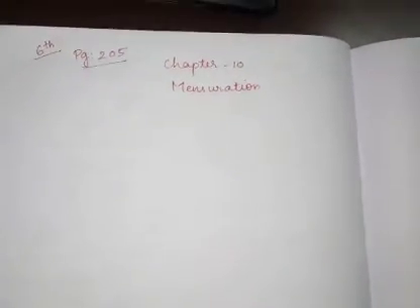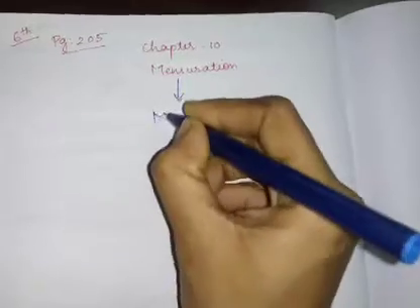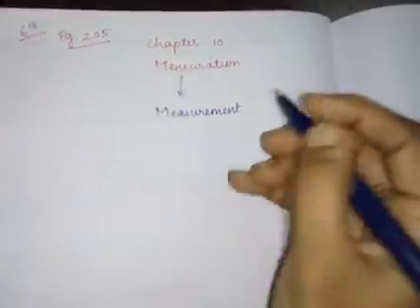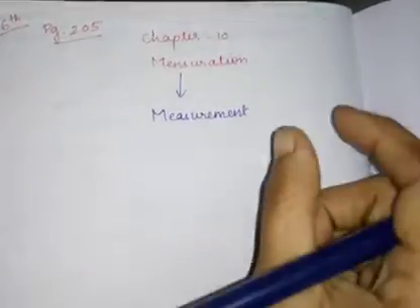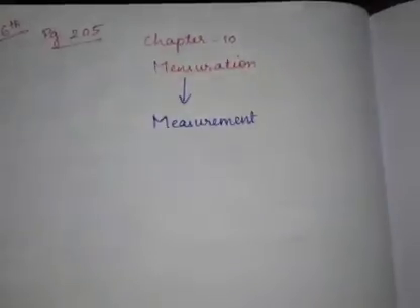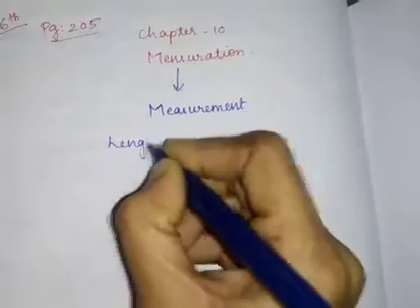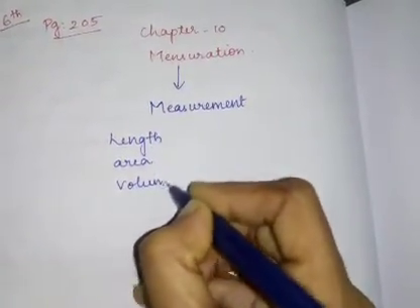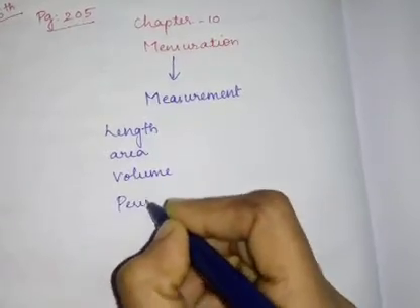So mensuration. I told you the meaning of mensuration, right? Mensuration means nothing but measurement. You are going to measure some length, area, volume, perimeter, like that.